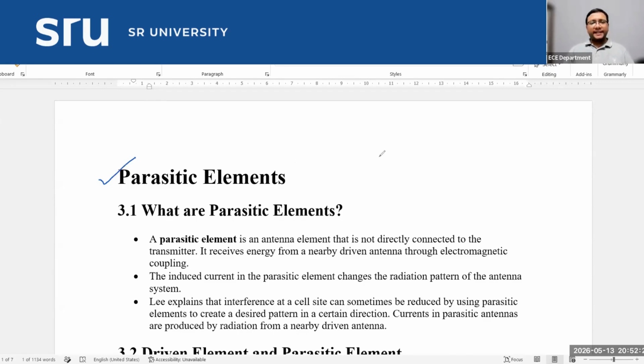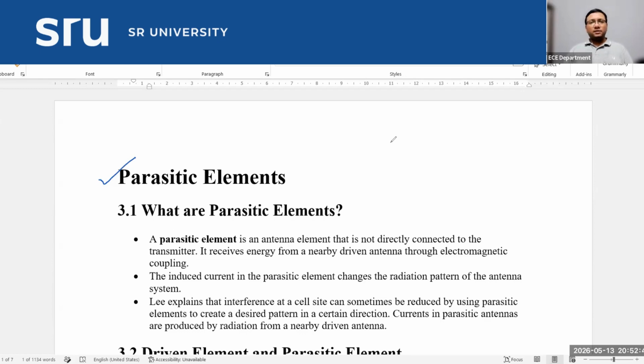So, what is a parasitic element? What is a parasite? We know that parasites means some living organisms, not part of our body, but they live with us, be it temporarily.